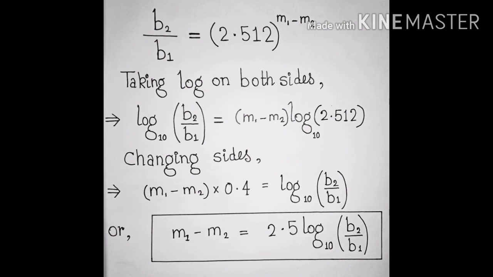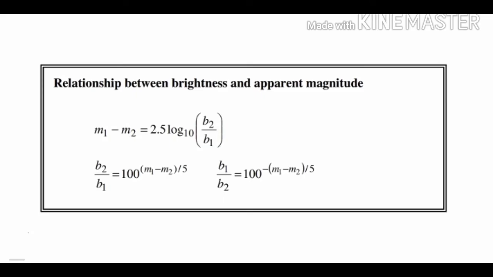So (m1 minus m2) into 0.4 is equal to log 10 of B2 by B1, or m1 minus m2 is equal to 2.5 into log 10 of B2 by B1, or B2 by B1 is actually equal to, as I told you, 100 to the power (m1 minus m2) by 5.